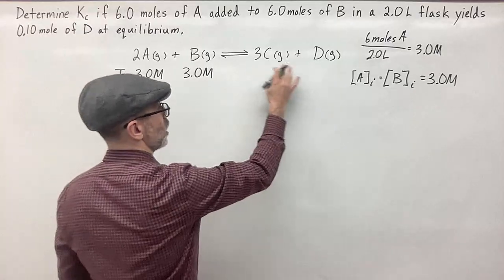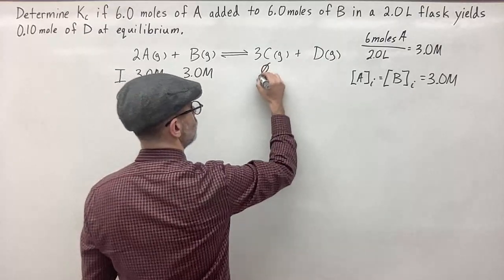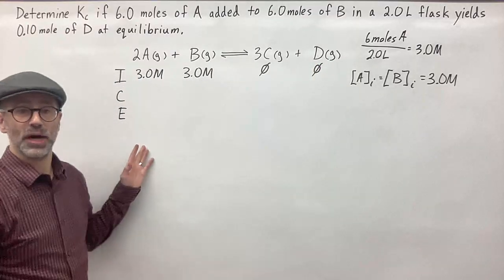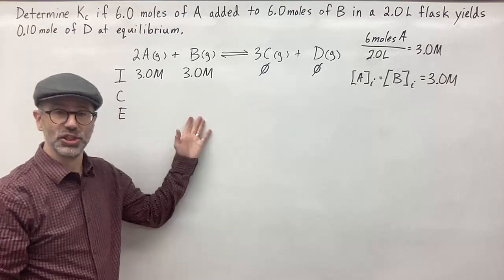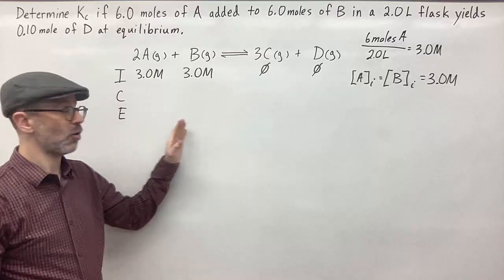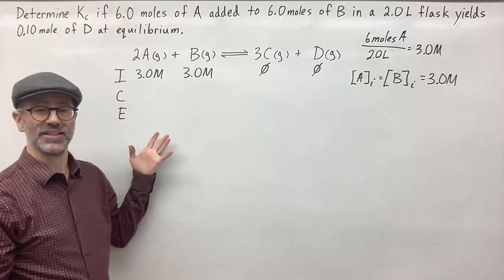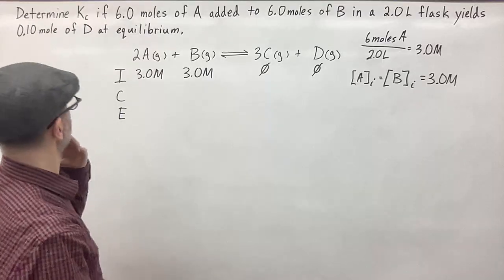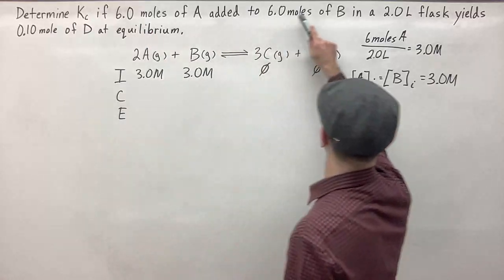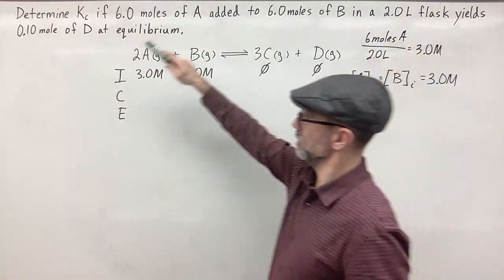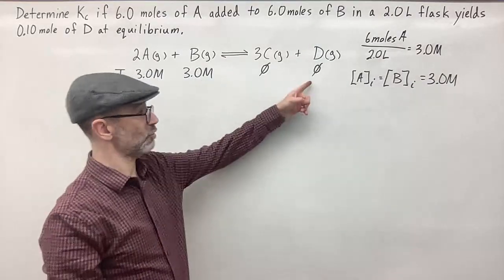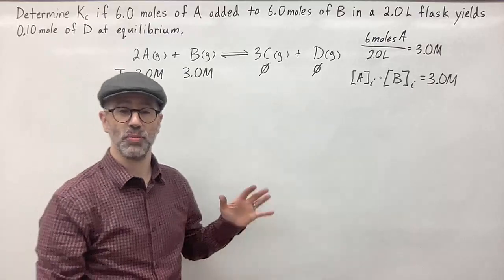And we're initially starting with 0 amounts of C and D. Now, normally we would try to figure out what X is and what the change is, and then figure out the equilibrium concentrations in terms of X. But they gave us a piece of information that's going to be helpful. They said that these amounts of A and B yield 0.10 moles of D. So we have gone from 0 moles of D to 0.1 moles.